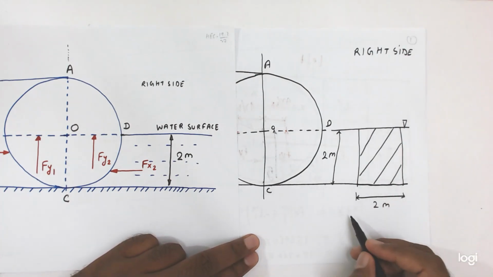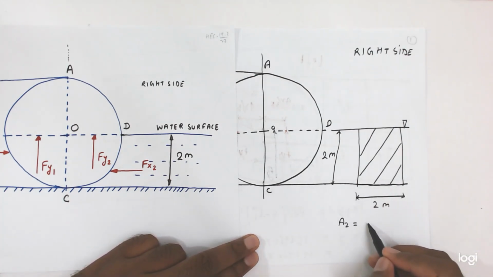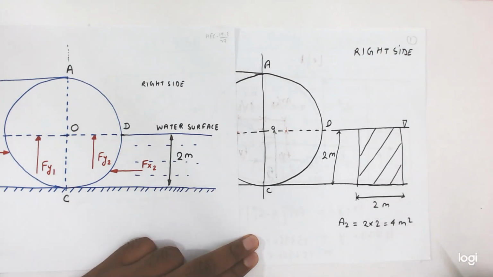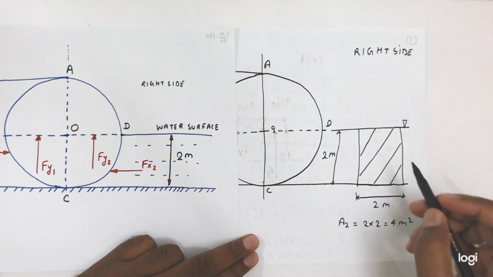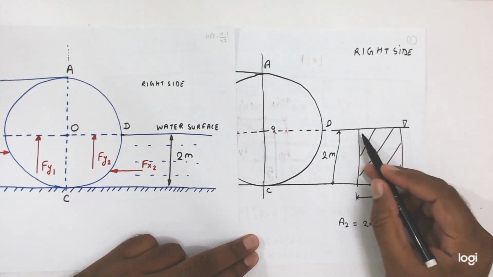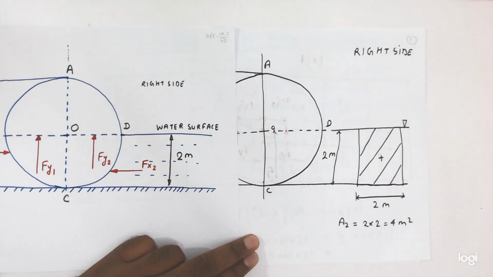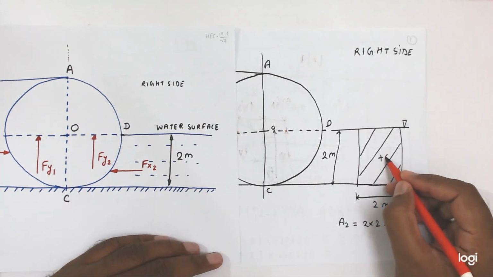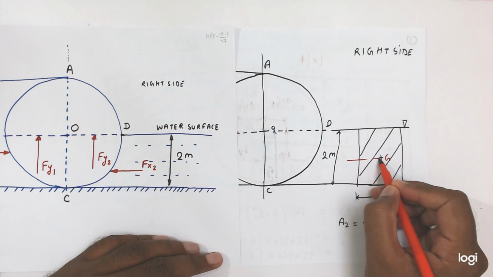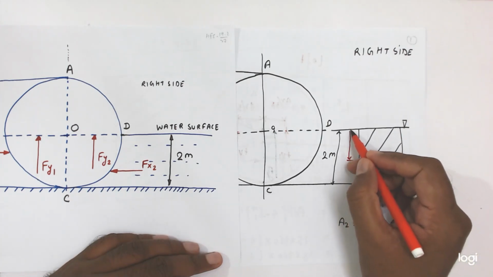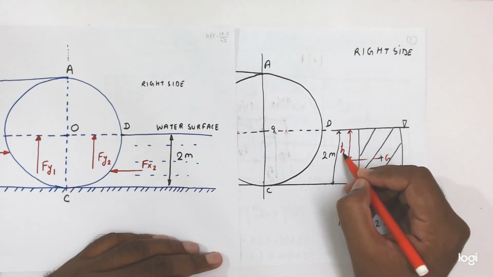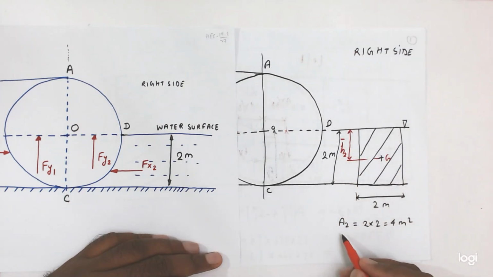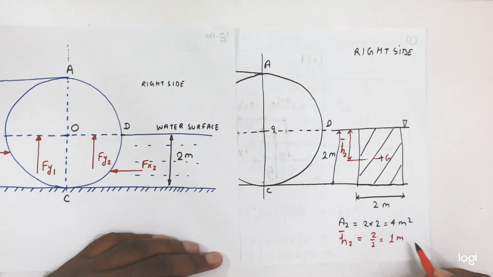So friends, from here this area A2 is equal to how much? 2 into 2 equal to 4 meter square, and h bar, in this case h bar is equal to what? For this plate, center point is this center point G, so its height is equal to what? This is the h2 bar. So h2 bar is equal to 2 by 2 is equal to 1 meter.